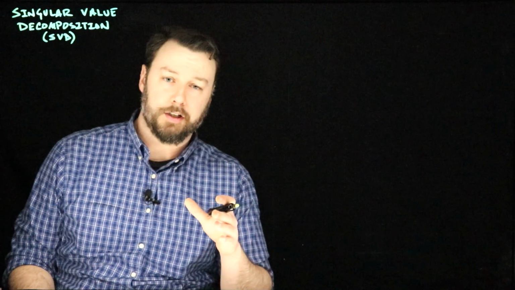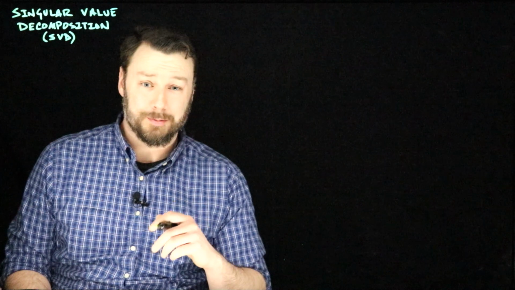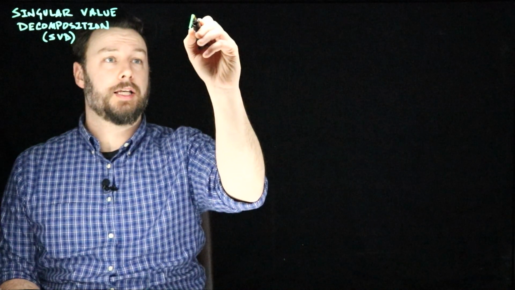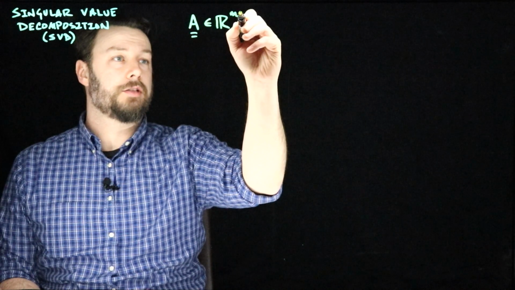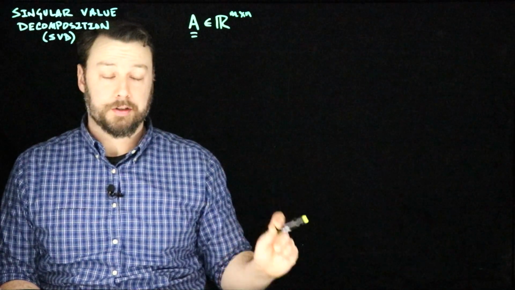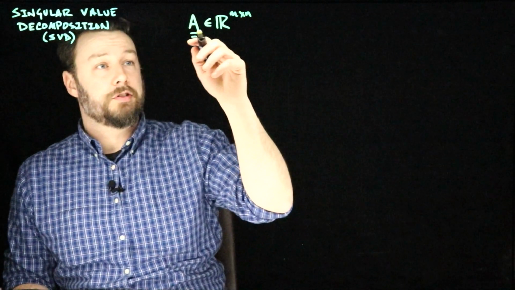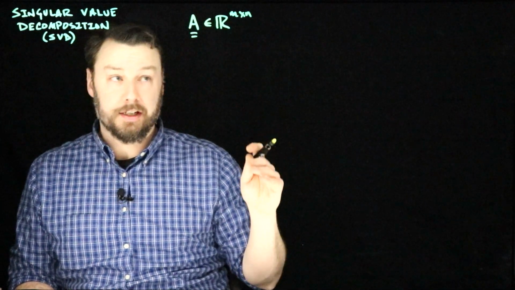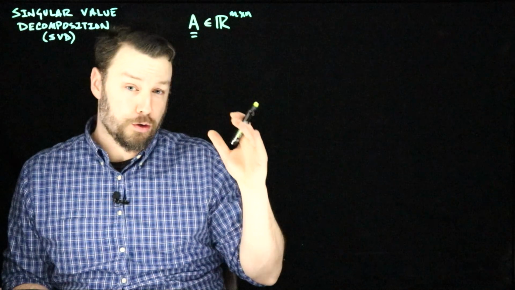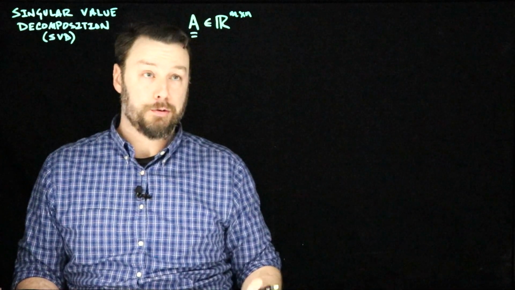One of the remarkable uses of the singular value decomposition is to construct an optimal rank K approximation to another matrix. That is, if I have a matrix A that's m by n, as we've been discussing, and I wanted to come up with some approximating matrix of rank K less than the rank of A, then what we could do is a truncated SVD in order to get that matrix.